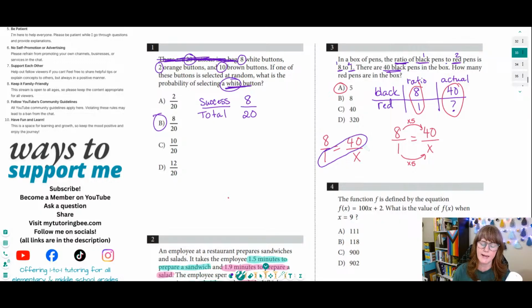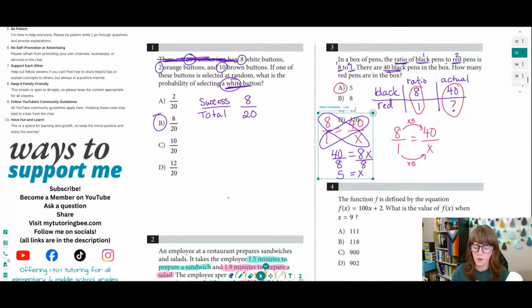We're going to multiply diagonally. 1 times 40 is 40, and that equals 8 times x is 8x. And then we divide by 8 in order to solve for x. X equals 5. Okay, so that's the other way that we can do it, and you can see that we got the same answer both ways. Let me move that so that's not in our way for our next problem.